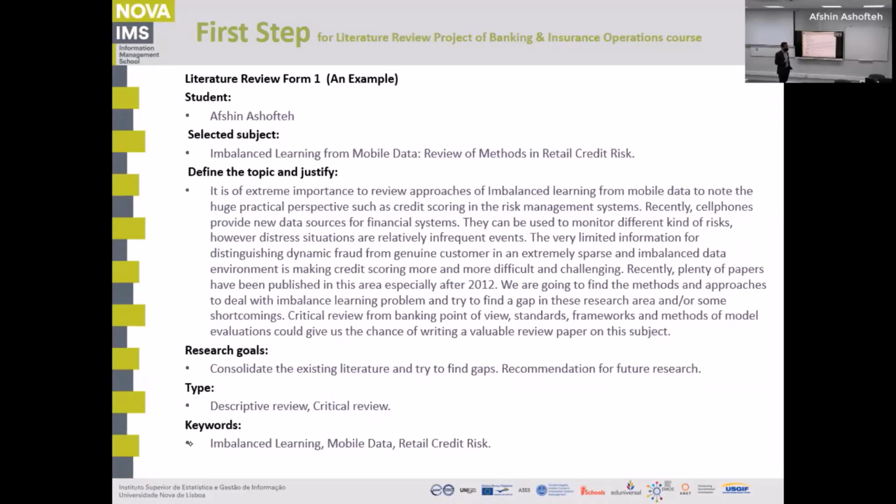And also the people from home, help me to show you the keywords here that I put in my title. Imbalanced learning, exactly. What next? The credit risk or retail credit risk, also another keyword. Mobile data, exactly.